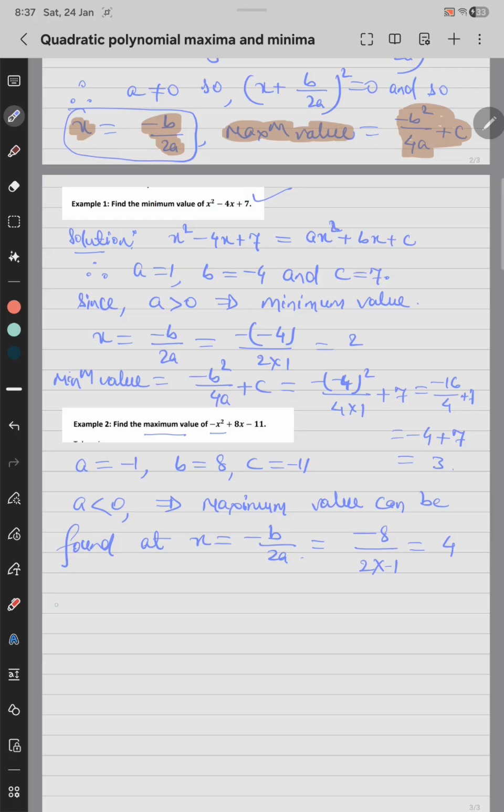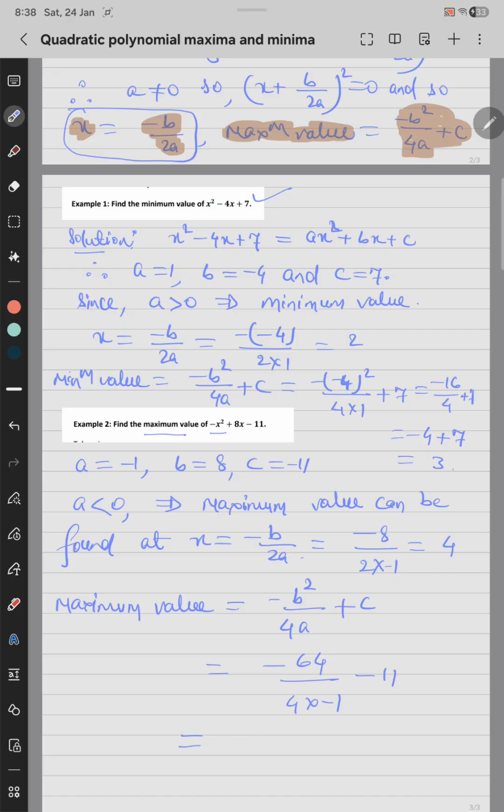Now the maximum value will be equal to minus b square by 4a plus c, which is minus 8 into 8, which is 64, divided by 4 into a, which is minus 1, plus c, which is minus 11.